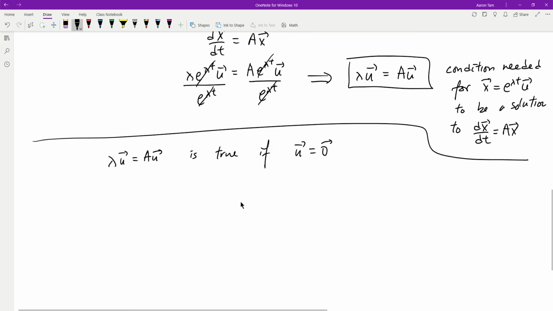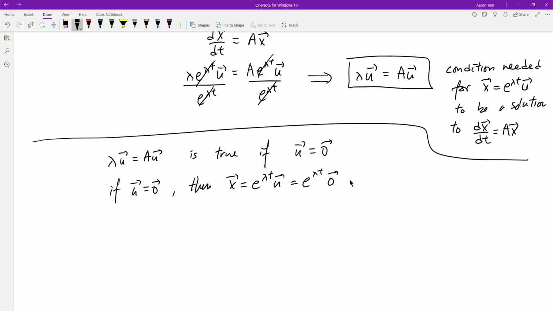Now, however, if vector u is equal to 0, then our vector x equal to e to the lambda t times vector u will be e to the lambda t times 0 vector, which becomes the 0 vector. And it shouldn't come as a surprise that the 0 vector will satisfy our equation, because if you take the derivative, that would just be equal to the 0 vector, which is clearly what A times the 0 vector would equal.